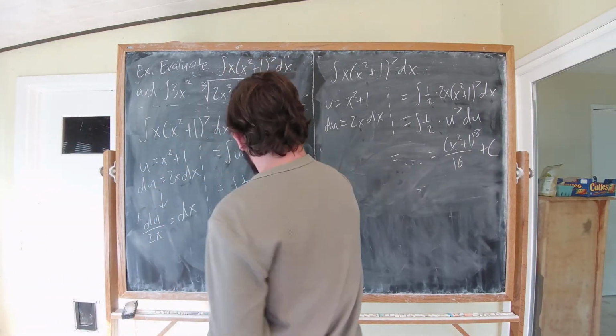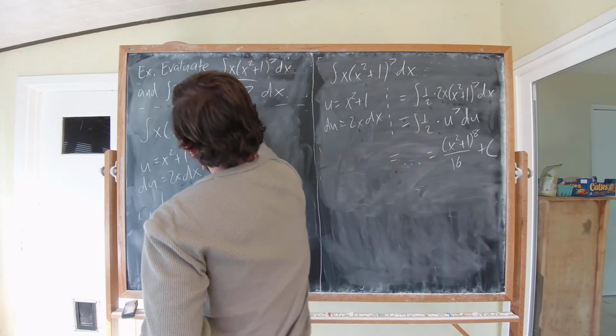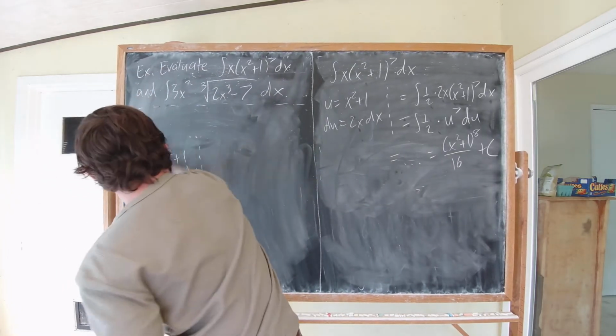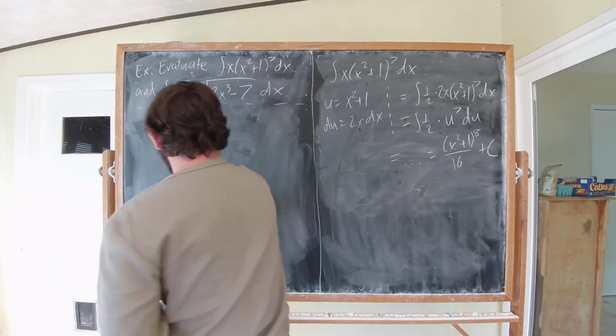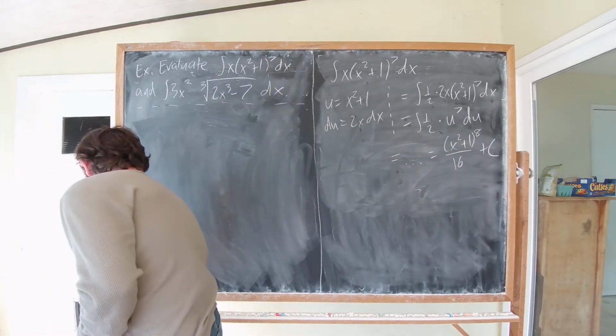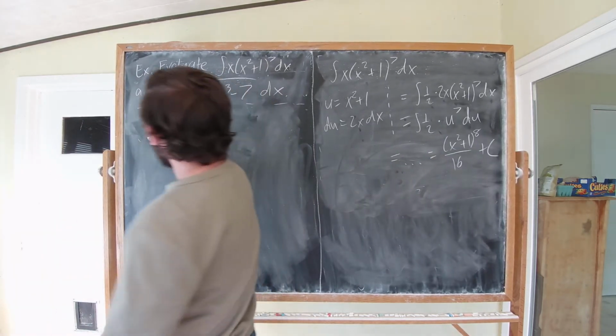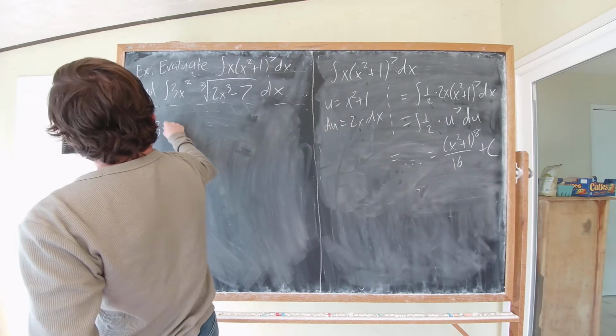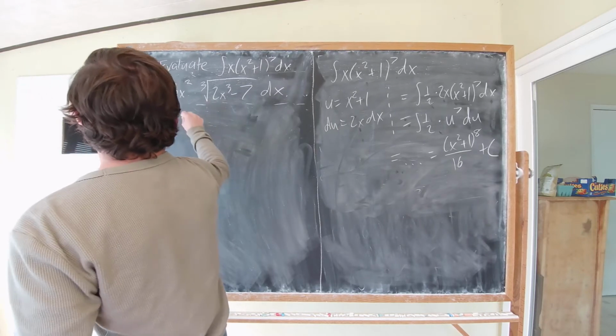Let's do that other example. And I think I'll stick with the second way for now, just because it tends to be a little faster, although the first way is more precise.